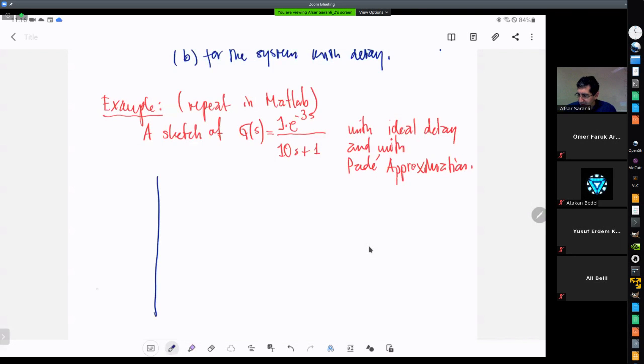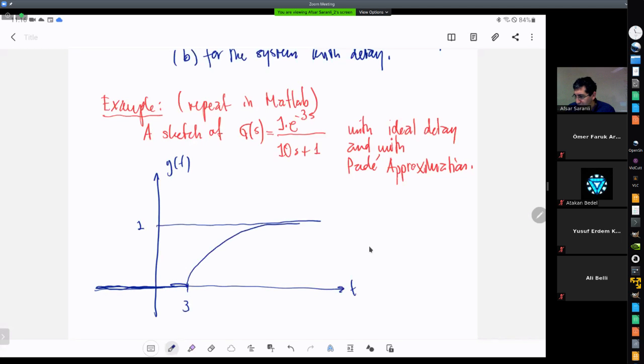So, you know, in the ideal case, so this is our time and this is our y of t. The gain of the system is 1. So if this is our step input, what's going to happen is that the ideal system will have no response until 3 seconds. And then it's going to have a first order response like this. Okay, sorry, it's not very nice. So it's going to have a first order response like this.